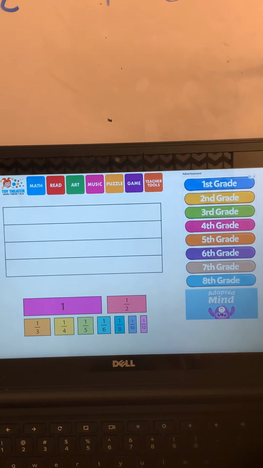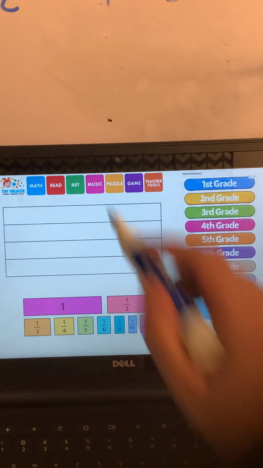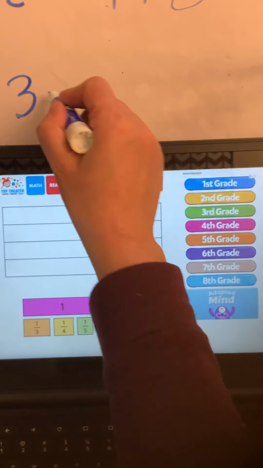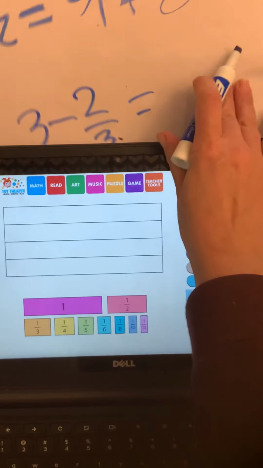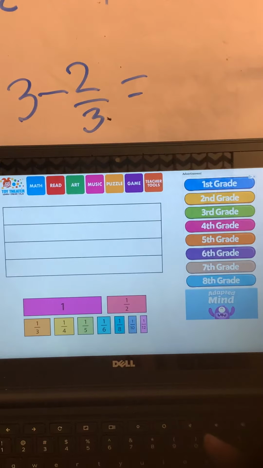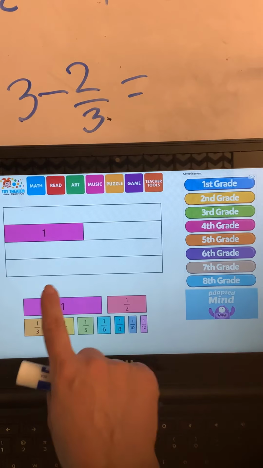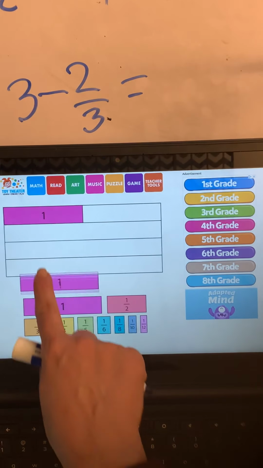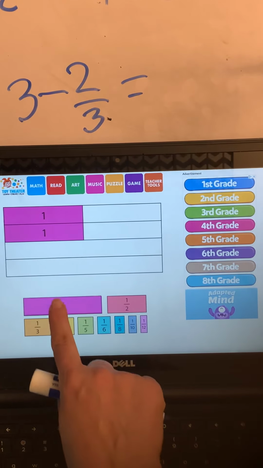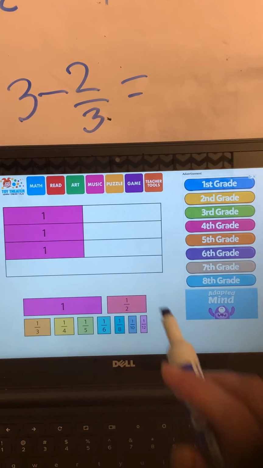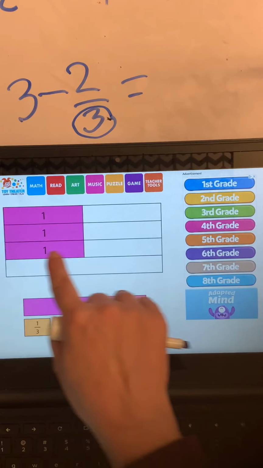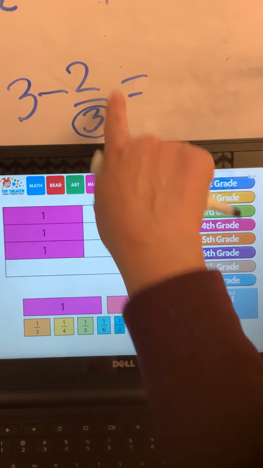Now another problem that I am going to be solving is 3 minus 2/3. So I have 3 wholes: 1 whole, 2 wholes, 3 wholes, and then minus 2/3. Can I do that? Now I have to partition one of the wholes into thirds so that I can subtract.